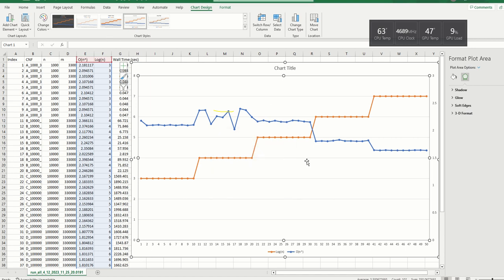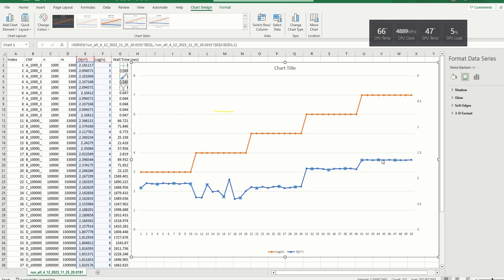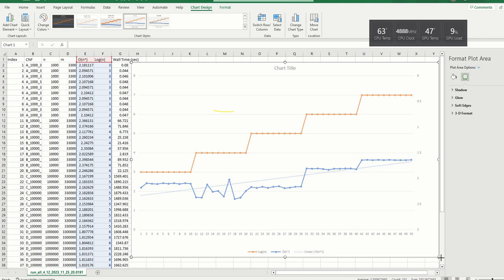Good. And now let's see the trend line of the second axis and see how this goes. And let's display the equation on the chart.